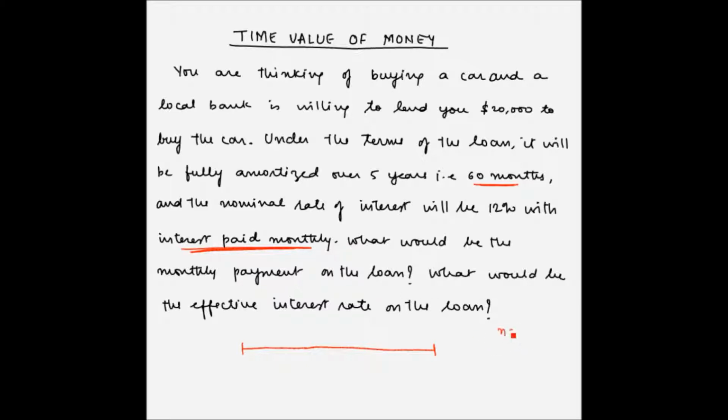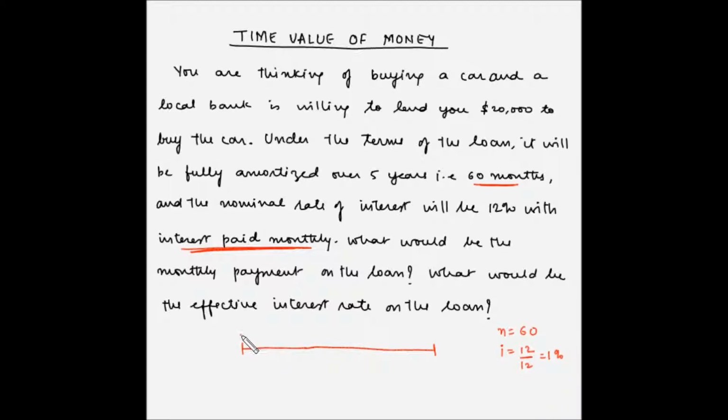That means compounding is happening monthly. So N is 60. Now the nominal rate is 12%, but since the period is a month, we need to convert this 12% per annum into monthly interest. So this becomes 12 divided by 12, which is equal to 1% per period.